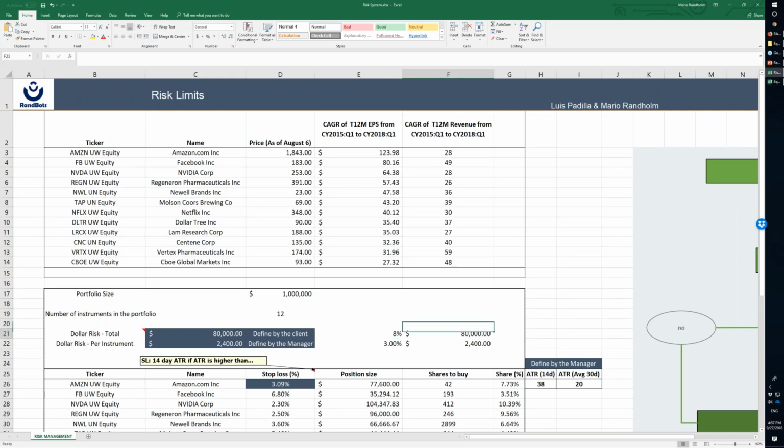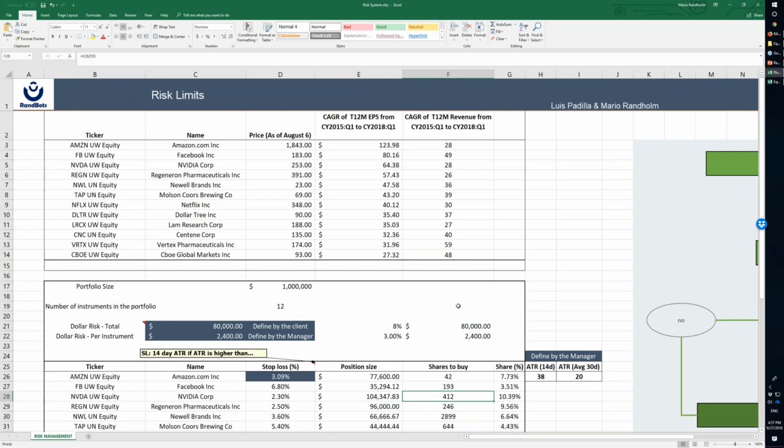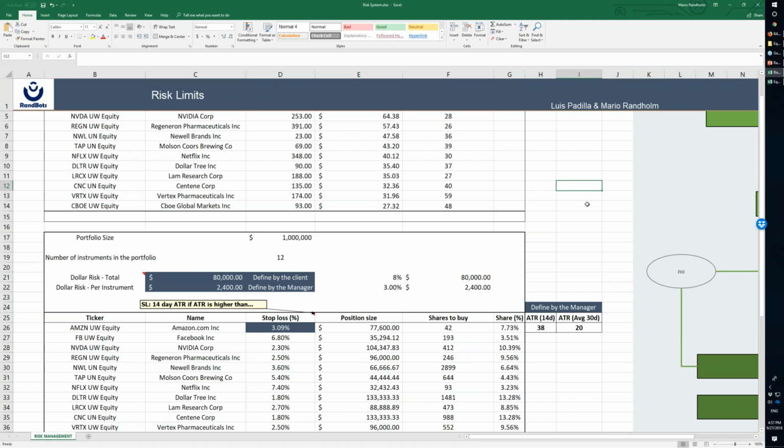How the math is done is quite simple. 80K divided by $2,400 is 33. So we have 33 trades. If we lose on every single one, we'll reach about 80K.